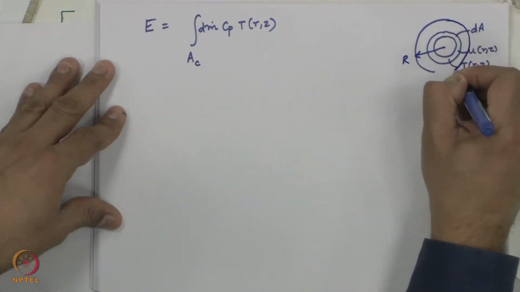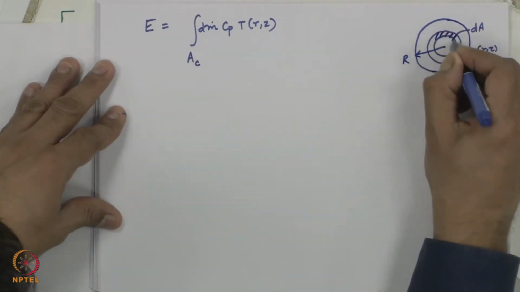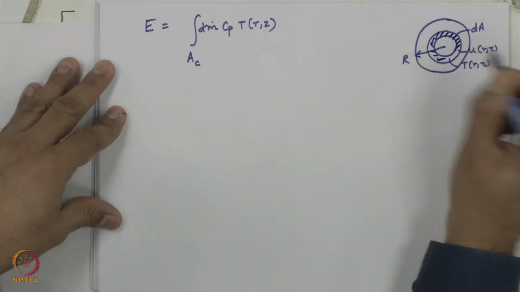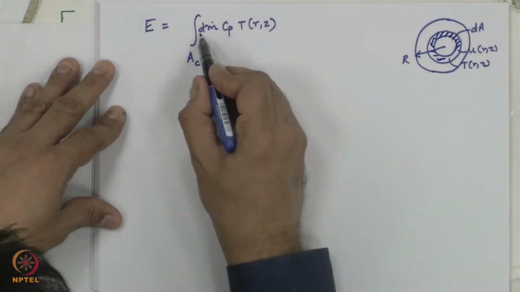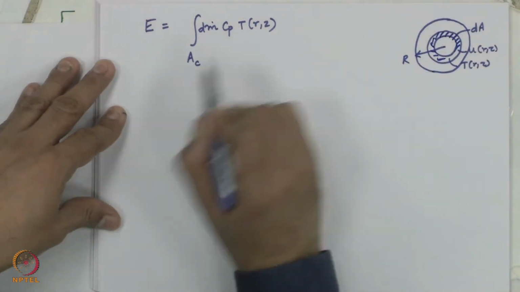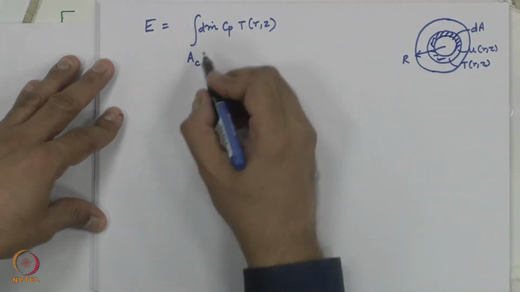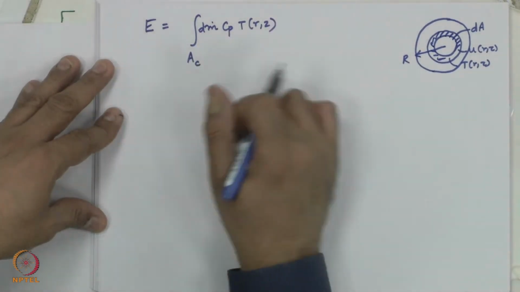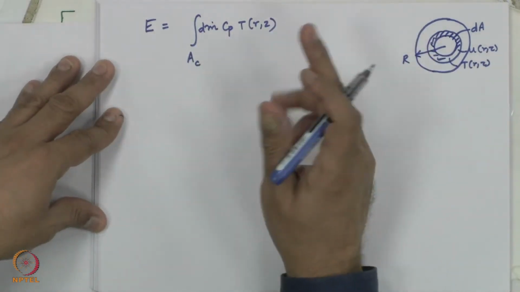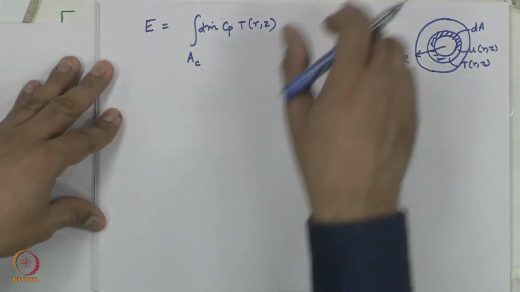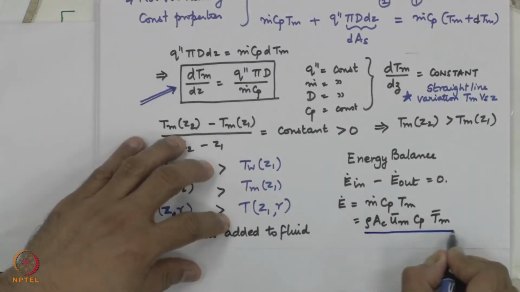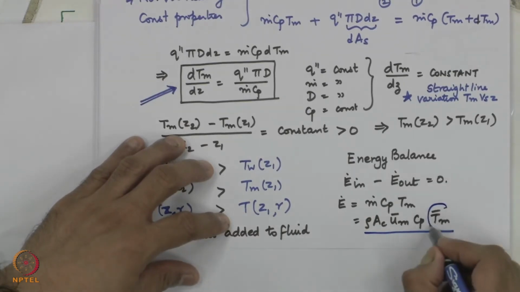And this shaded area has a particular energy content which is given by delta m Cp into T of r comma z. When I integrate this over the entire cross sectional area of the pipe, I would get the same energy content as given by this formula, and here this is the unknown quantity.